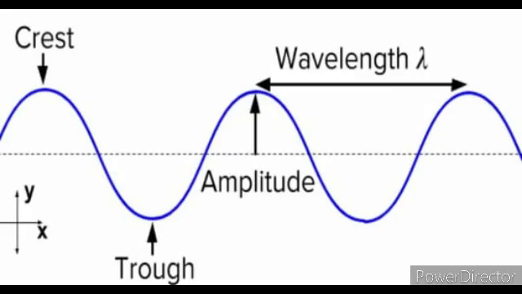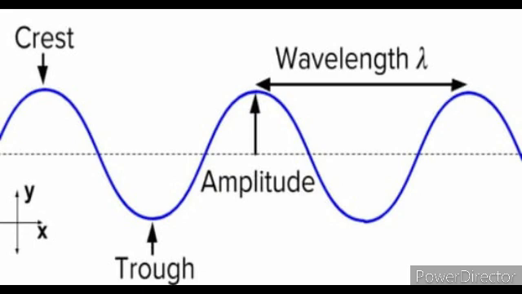The upper part of the wave is called the crest, and the lower part of the wave is called the trough. The vertical distance between the crest and trough is called wave height, and the horizontal distance between any two crests or two troughs is called wavelength.